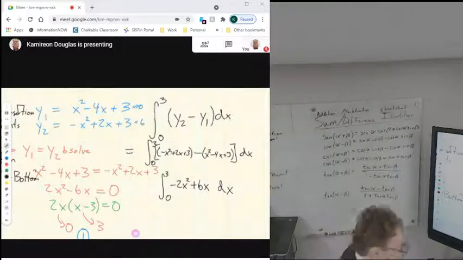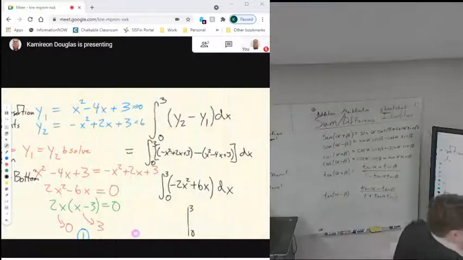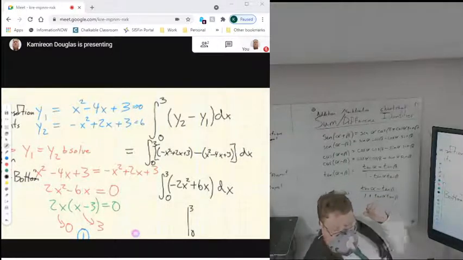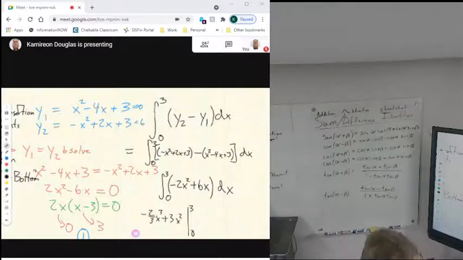Speaking of which, let's actually solve this thing. So we integrate negative 2x squared plus 6x with respect to x, from 0 to 3. Let's integrate. Negative 2x squared, how do we integrate that? Negative 2/3 x cubed, plus 3x squared. Evaluate between 0 and 3.